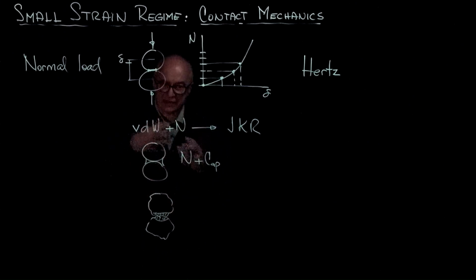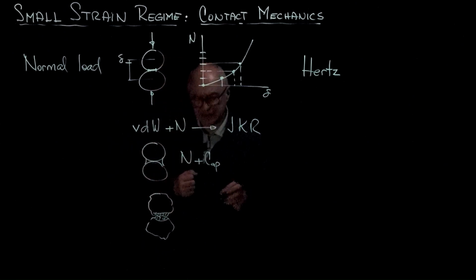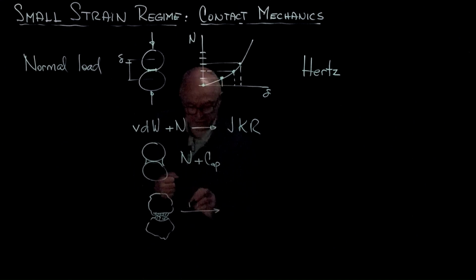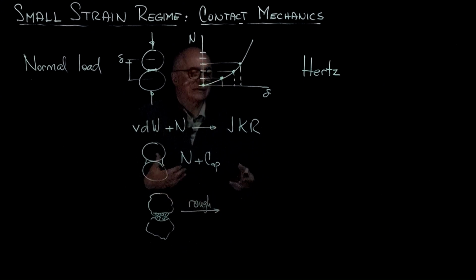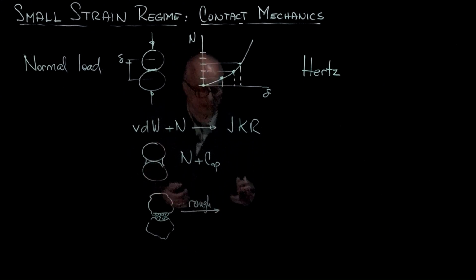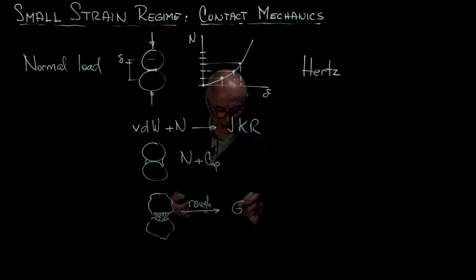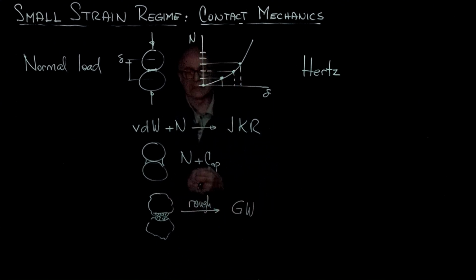So we have the combination of these two, and this leads to another theory which takes into consideration roughness and makes the Hertzian contact softer. And you're going to see that one as the GW theory, once again, following the names of the two individuals who were involved.